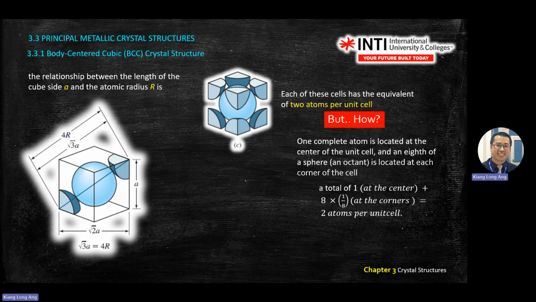This 4r equals your y, square root 3 a. The question asks you to relate a and r. You write 4r equals square root 3 a. We don't like this kind of format. We can either put r in terms of a or a in terms of r. To be easy, we write a at the left, so move your square root of 3 to the left. You get a equals 4 divided by square root 3 times r.